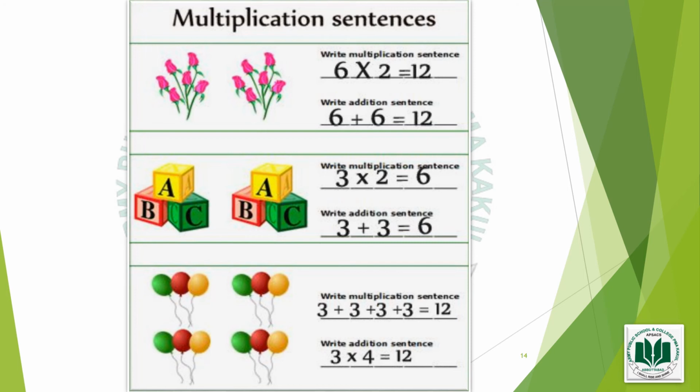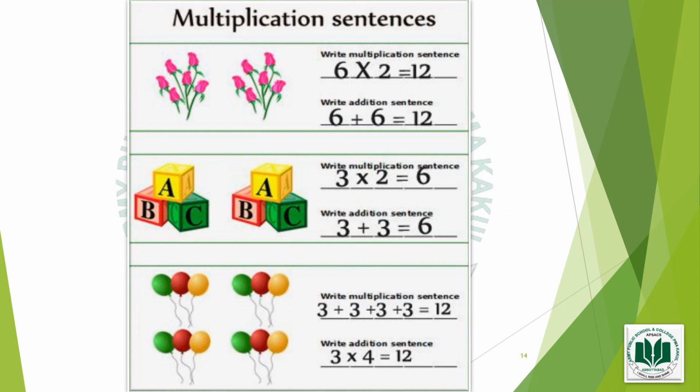In the next picture, there are 2 groups and in each group there are 3 blocks. So we will multiply 2 by 3. 2 multiplied by 3. 2 3s are 6.